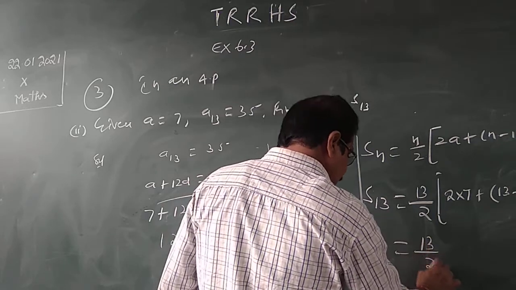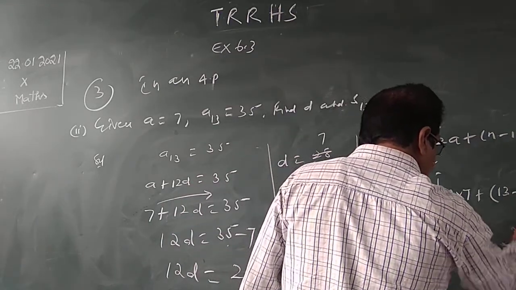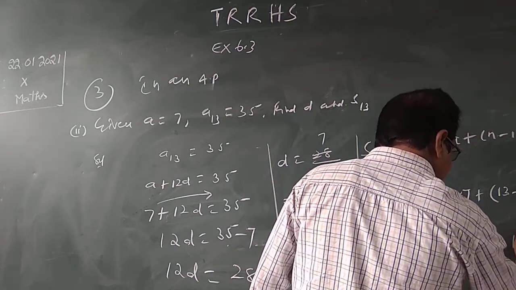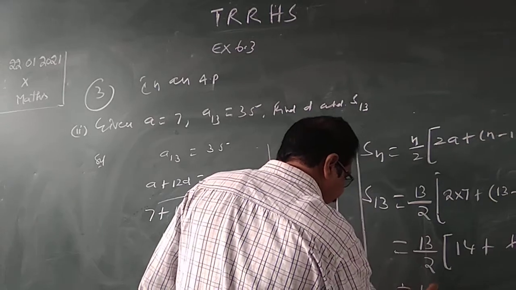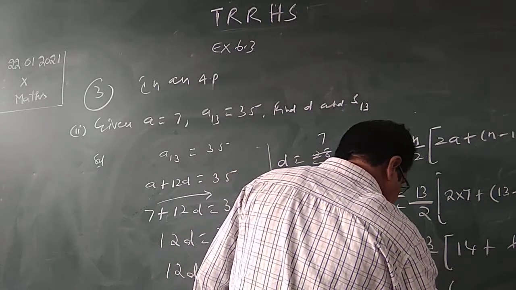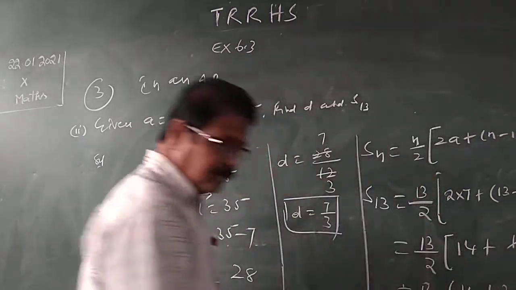Now 13 by 2 into 2 7 is 14, 13 minus 1 is 12, 12 into 7 by 3, 3 4 is 12, so 4 7 is 28.